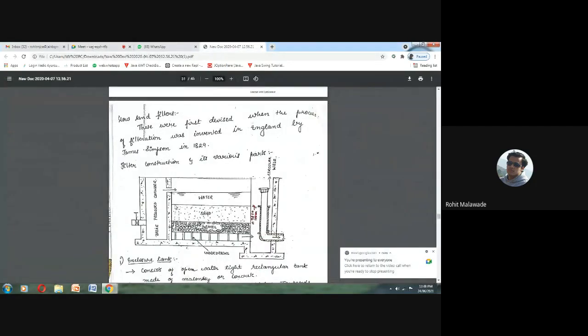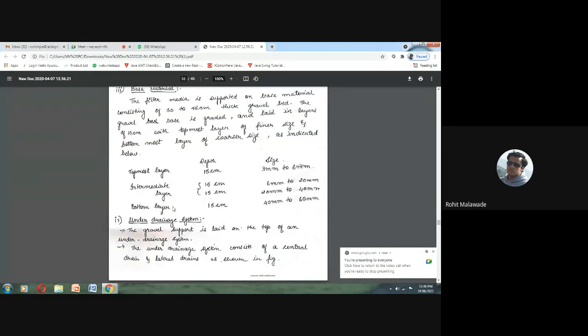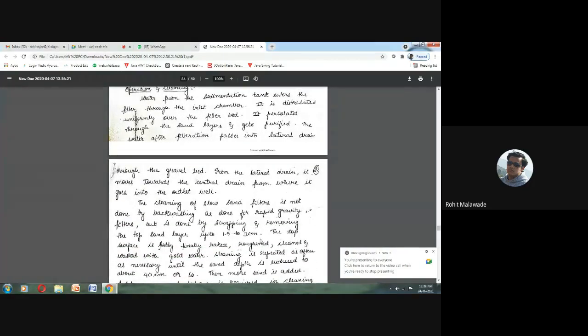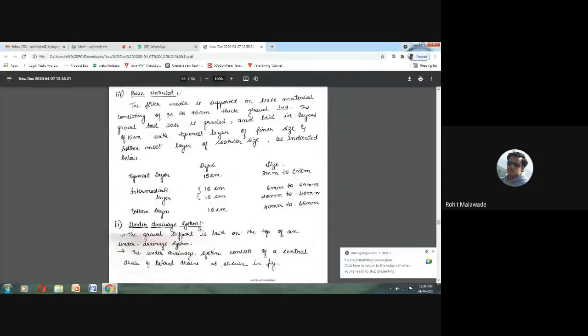We cannot remove the very fine suspended particles themselves, only the layer of them. So what we are going to do is remove a layer of around 1.5 to 3 centimeters.